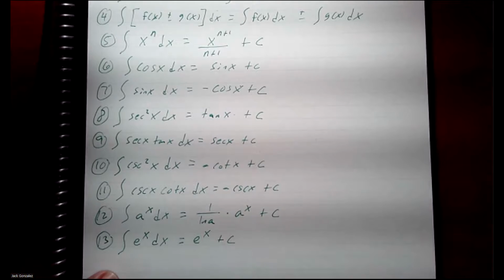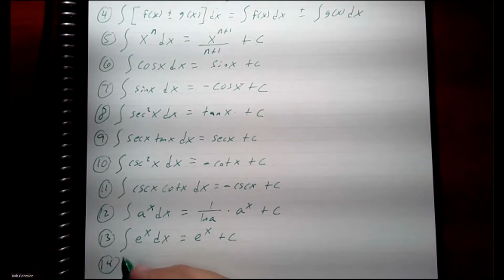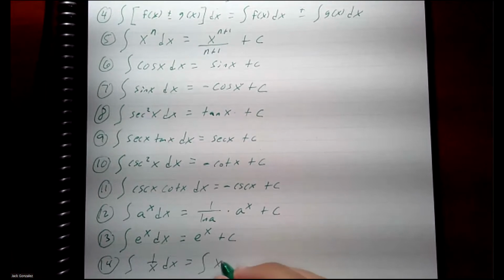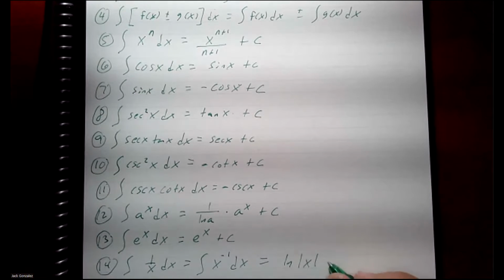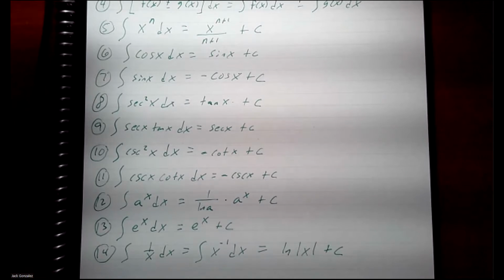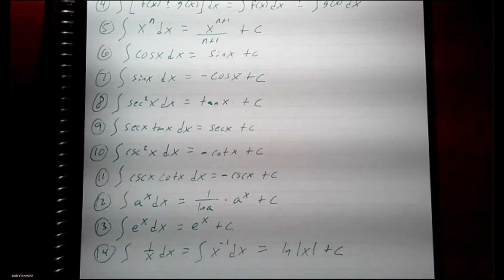So whenever you integrate e to the x, it's e to the x plus c. And the integral of 1 over x dx, x to the negative 1, is ln of the absolute value of x. Those are all the integration rules we're going to need. Let's start doing some examples. Are there any questions on rules, definitions?